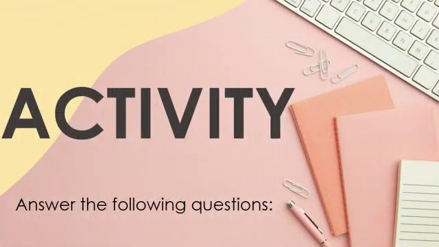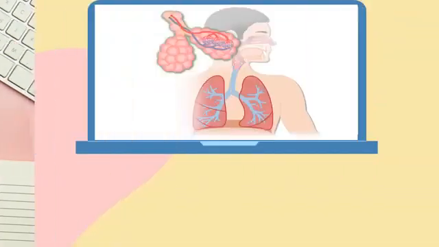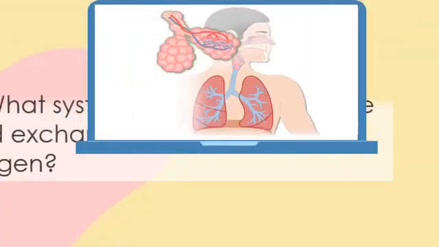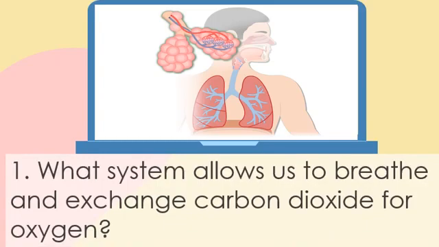So let's go now to our activity. You are going to answer the following questions. I will give you time to answer each item. Are you ready? Let's start. Number 1. What system allows us to breathe and exchange carbon dioxide for oxygen?